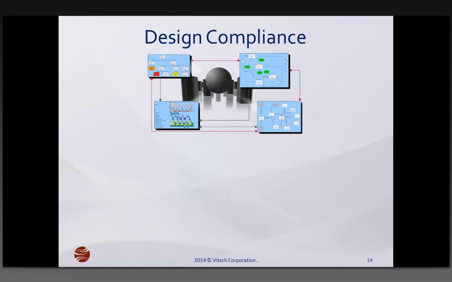Design compliance. Okay, so earlier I showed this diagram at the top here and showed how the various types of artifacts that systems engineers are responsible for are interrelated with relationships.